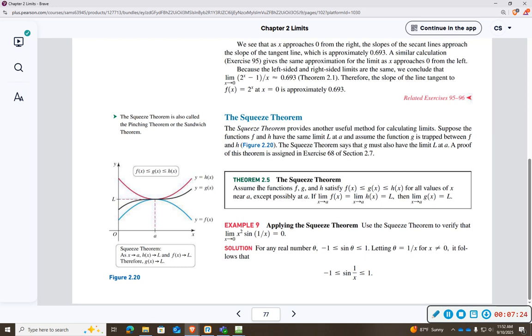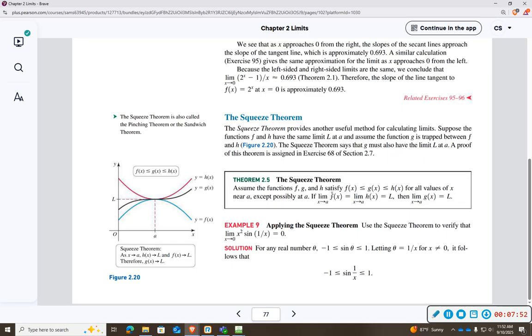And so the definition says, assume we have functions f, g, and h, and they satisfy the condition that f is less than g and g is less than h. So g is the one in the middle. And this is true for all x values near a specific value a, except maybe at a. So f is going to be less than, h is going to be greater than, everywhere except maybe at one point.